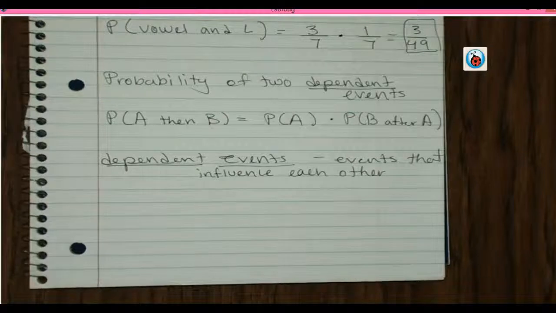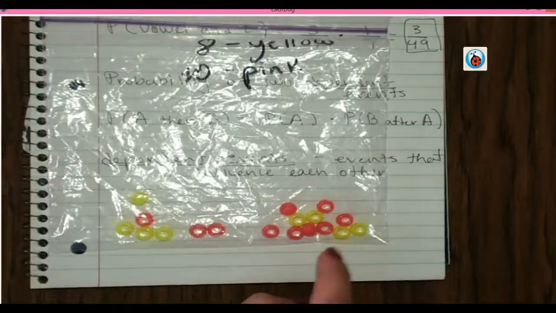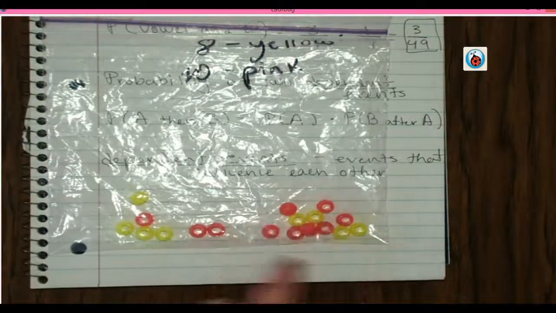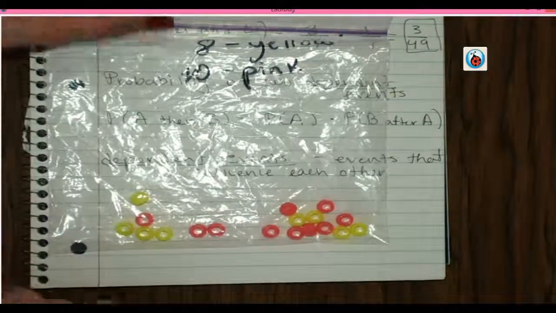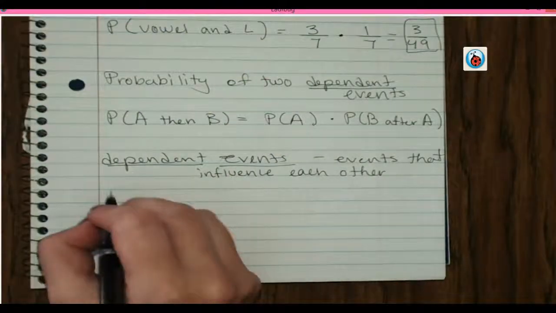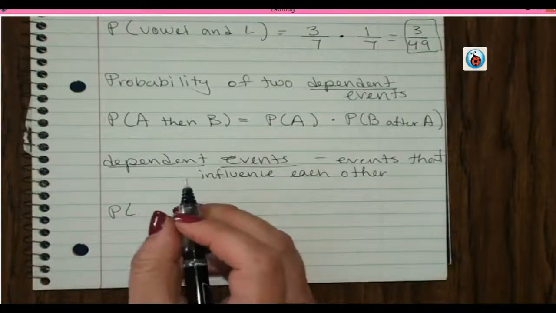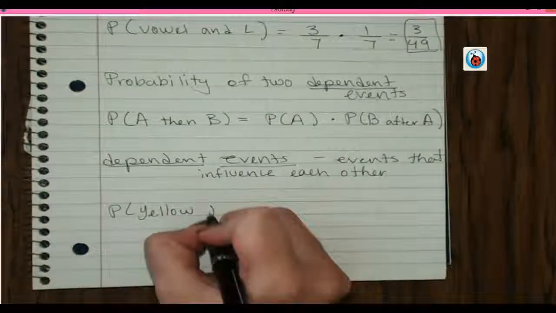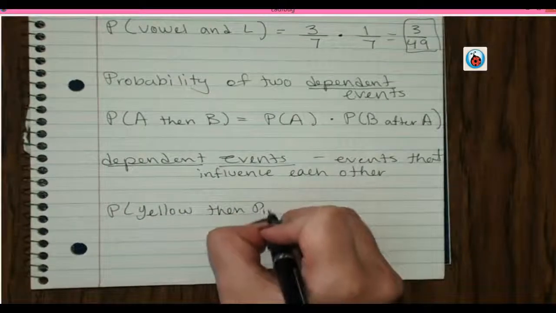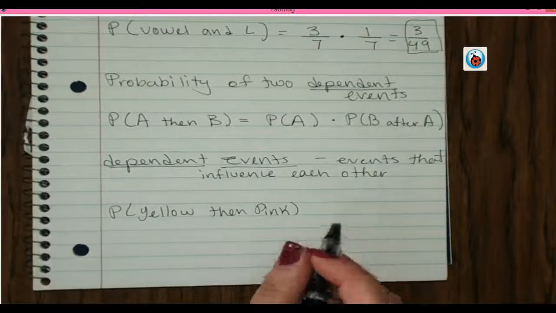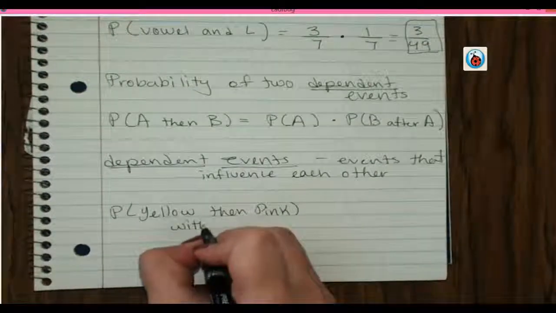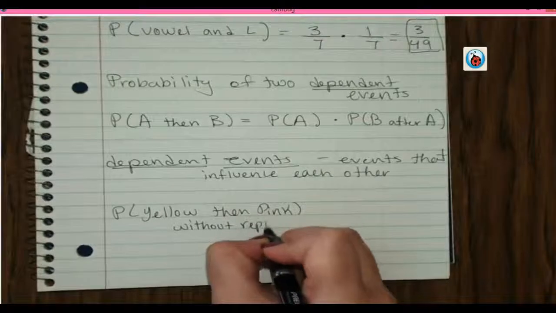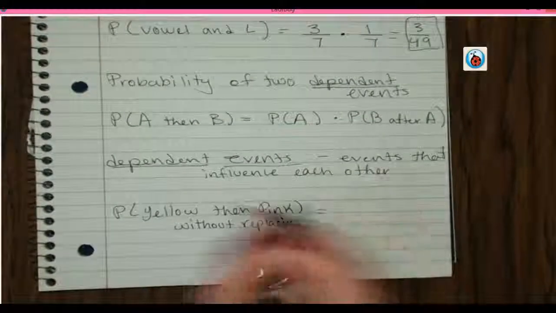So for example, if I have this bag with 8 yellow beads and 10 pink beads, and I say, what is the probability of picking yellow, then pink, without replacing? Just one yellow and one pink.